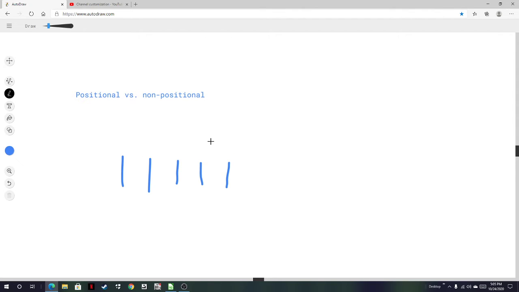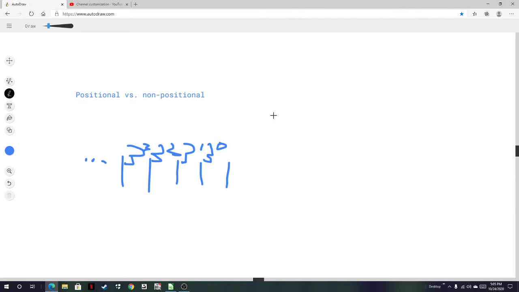We have 3 to the 0th, 3 to the 1, 3 squared, 3 cubed, and so on down the line.